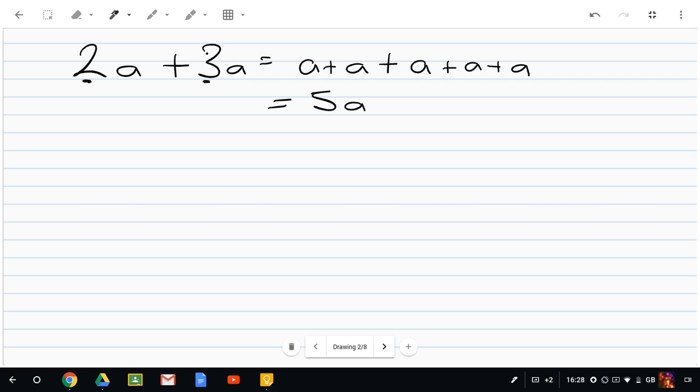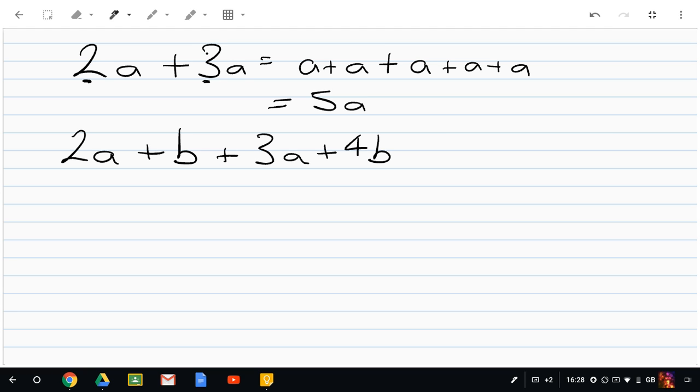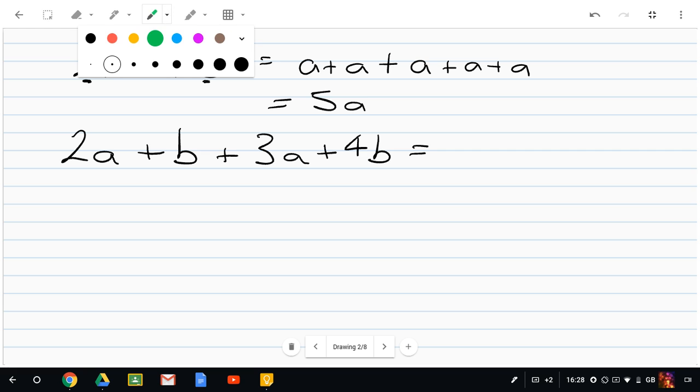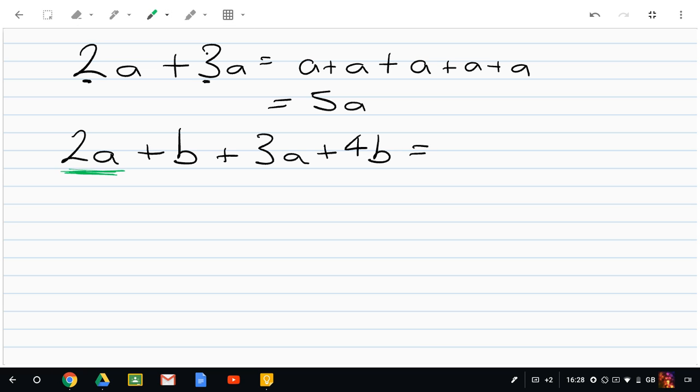Now, if I have something a little bit more complicated and a mixture of different pronumerals, plus 4b. Okay, now in this sum, the first thing I need to do in any of these sums is to work out what matches. So here I have 2A and here I have 3A. So I can add those two things up.